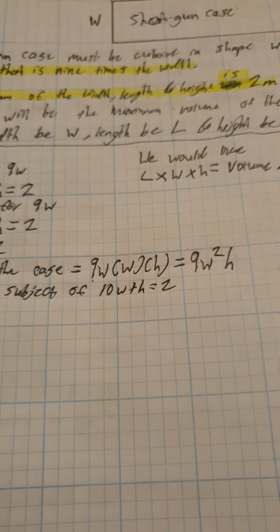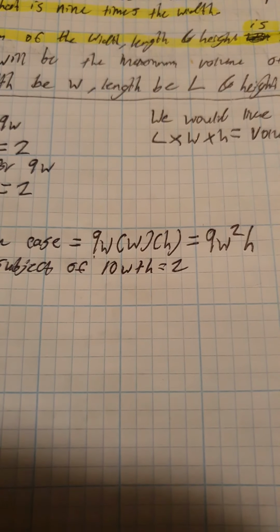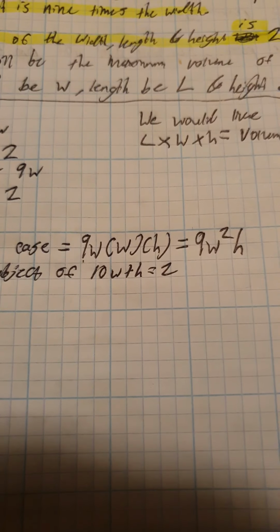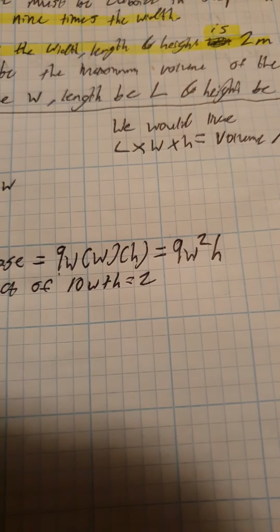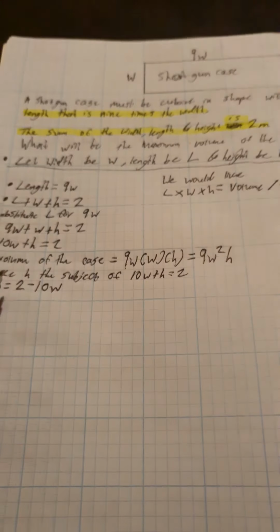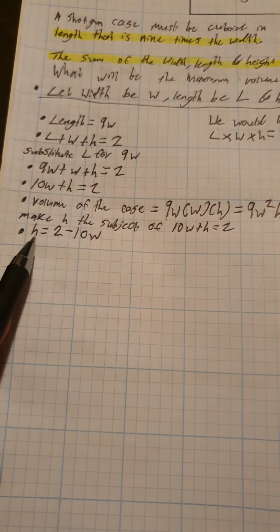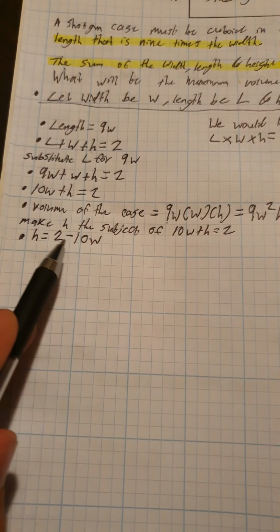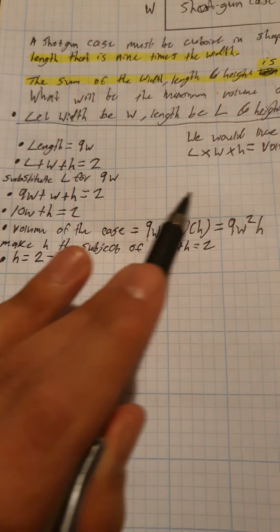So when we do that, H equals 2 take away 10W. Cool. Now that we've got that, to make things even more complicated, we can put our known equation for H and substitute it into here.